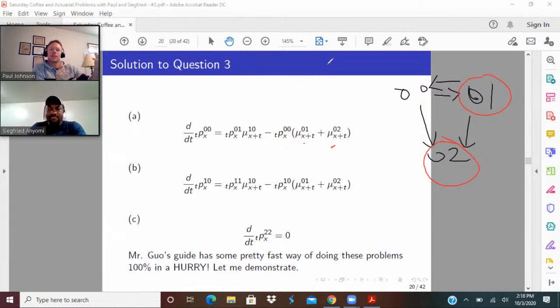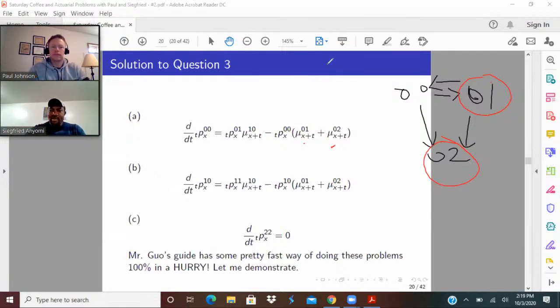As they're getting older, a derivative is going to take the change in that probability over time, and we're trying to figure out what that derivative is. That's what Siegfried is going through with all these different transitions. I think this is a very clear way of doing it, because now we're looking at each different possibility and what we add and what we subtract to figure that out. Perfect. Yep, that's a great input there.